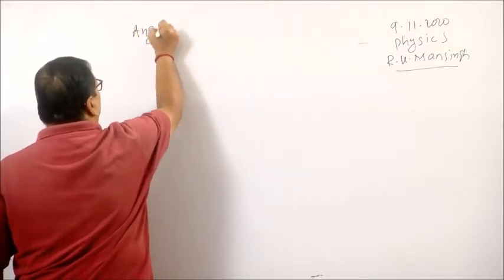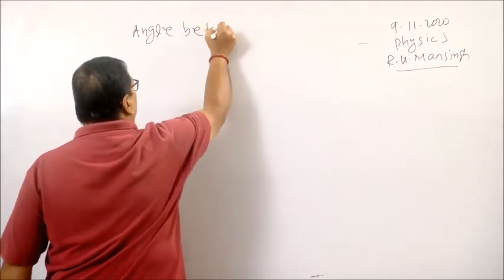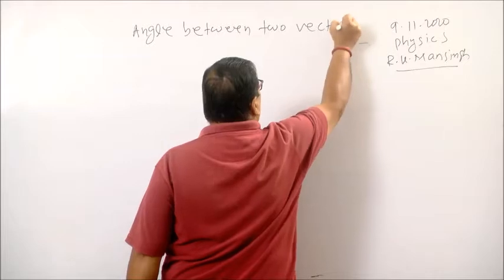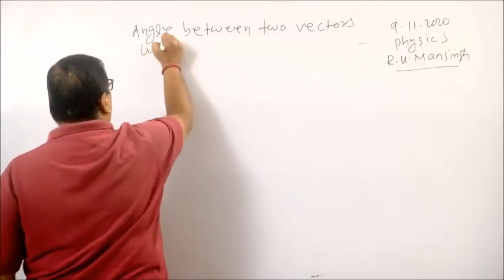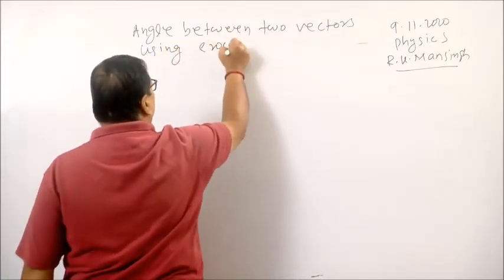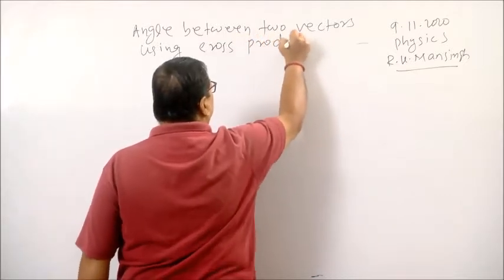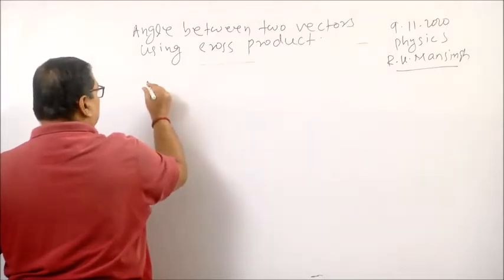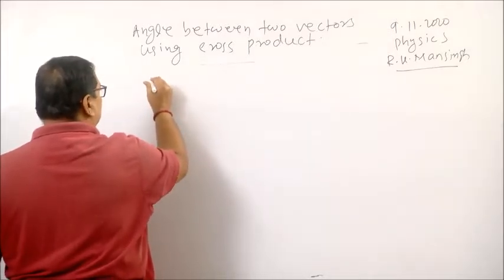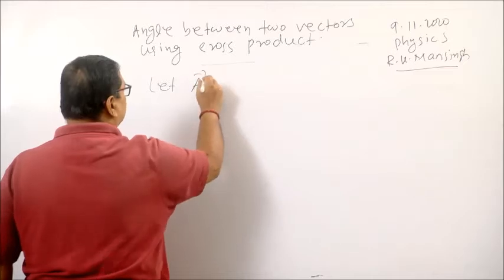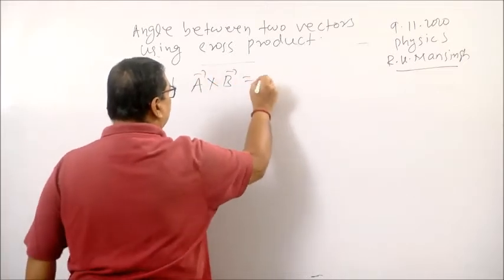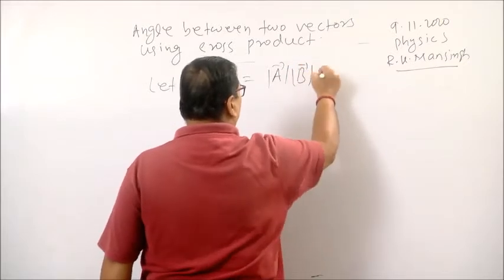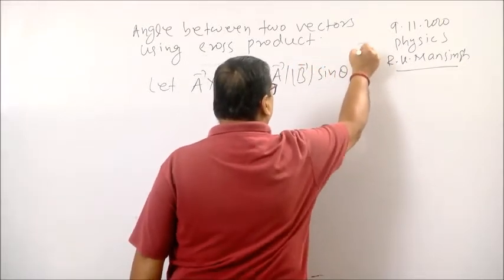Angle between two vectors using the cross product. It is also very important. Let A cross B equal to modulus A modulus B sin theta n cap.